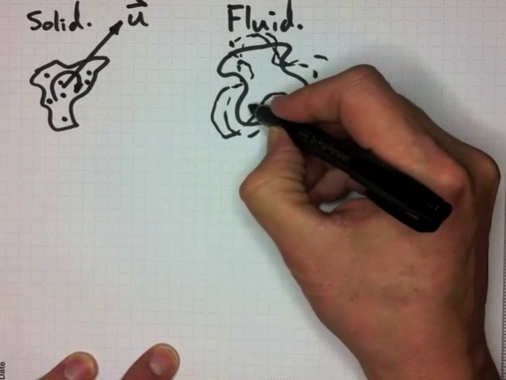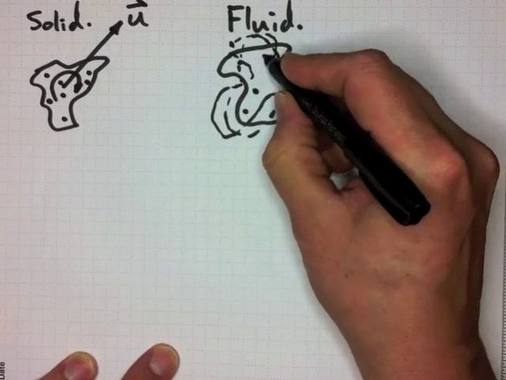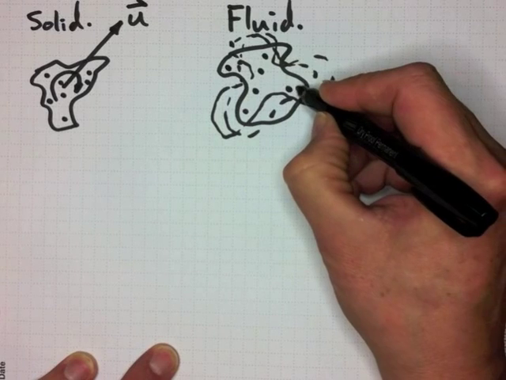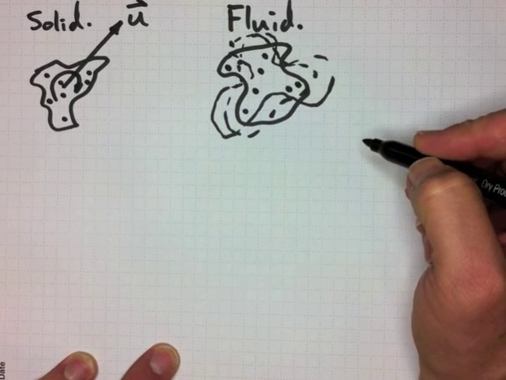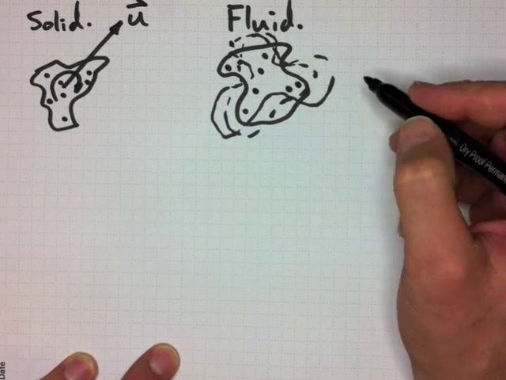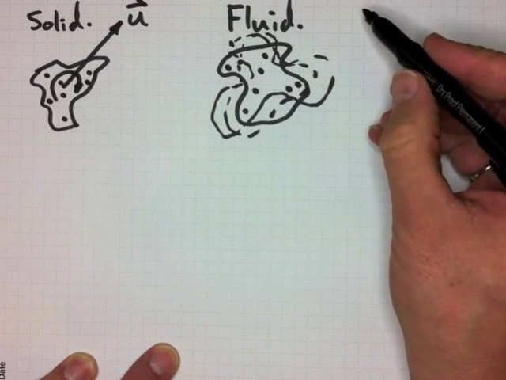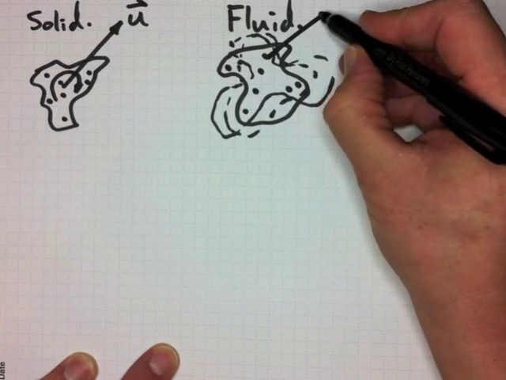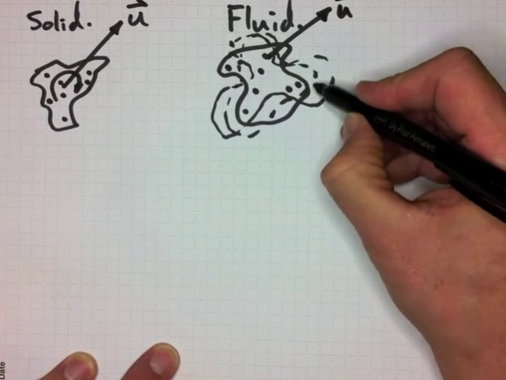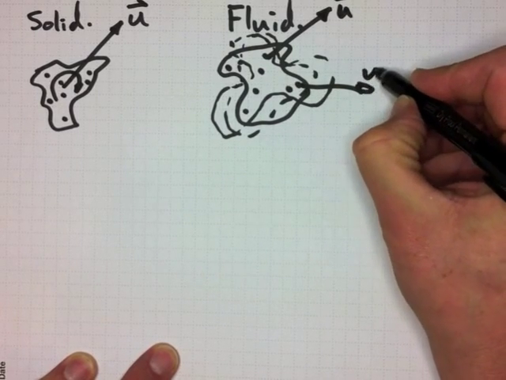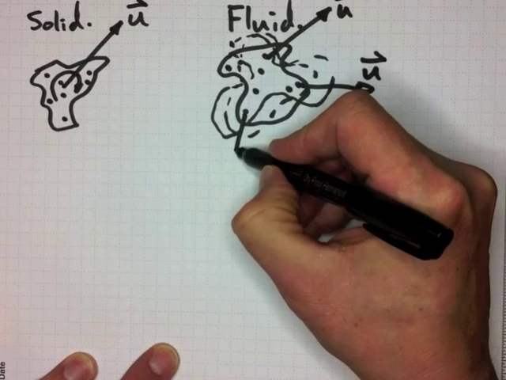The result is that the individual little components of that initial blob of fluid don't maintain the same relationship to each other in space. It can't be described with a single velocity because each of these little components of fluid has its own velocity.